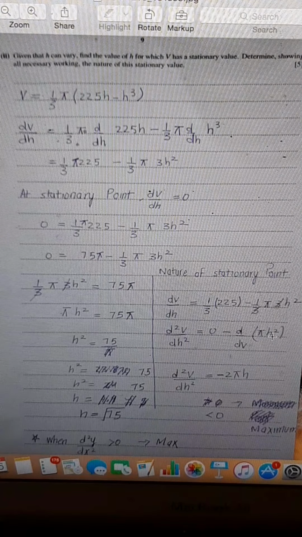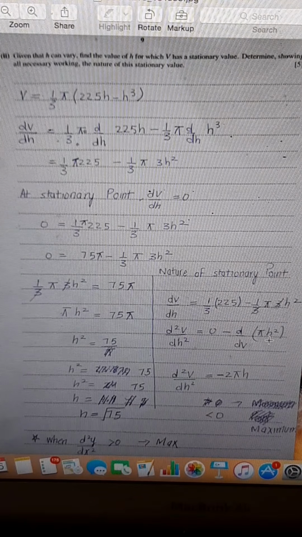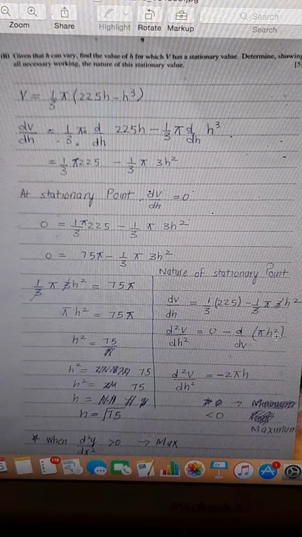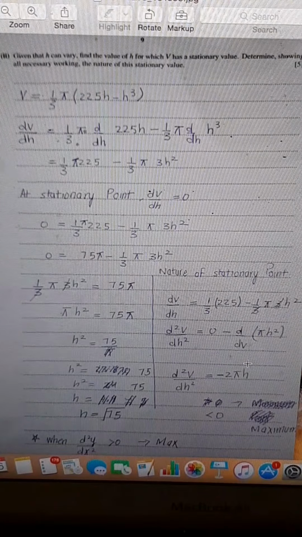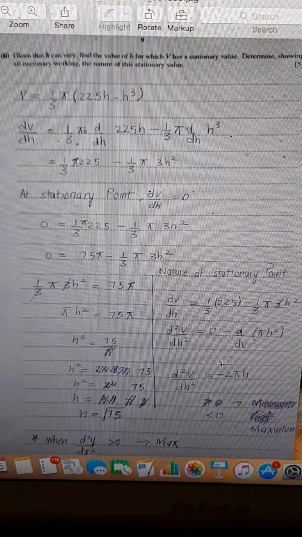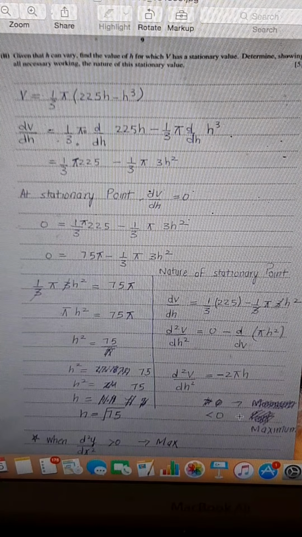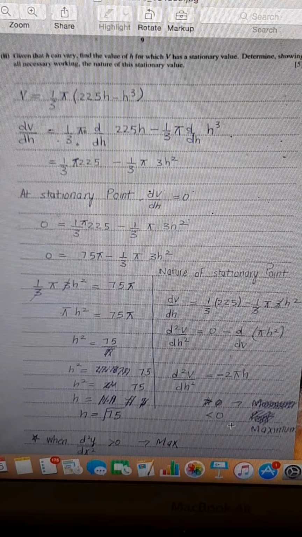The derivative of h squared will be taken, so the power of h squared is 2, so 2 will be moved downwards, pi is present already here, times, now the power of h will be decreased by 1, so 2 minus 1 is 1. Minus is already present over here, so the second derivative is negative, which means it is less than 0, and when the second derivative is less than 0, the point is a maximum, which is the nature of the point in this case.